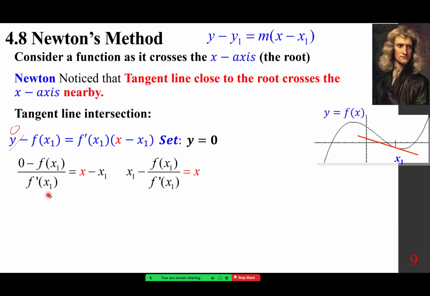So in essence, what we have is this is the point of tangency. We draw a tangent line. It crosses the x-axis at some point. This is the x-intercept for the tangent line. We use this process to find that point.